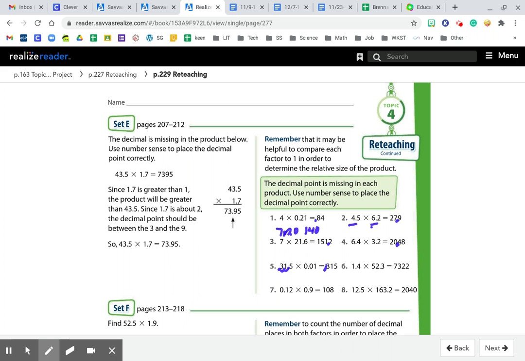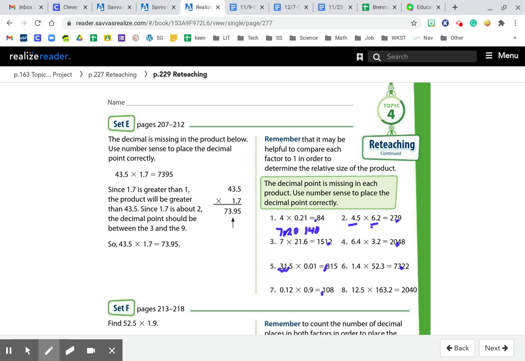For number 6, 1 times 52 is 52, so my answer is going to be between the 3 and the 2. For number 7, if we use that strategy of 0.1, they're both smaller than 1. A number less than 1 times a number less than 1 is going to be a number less than 1.